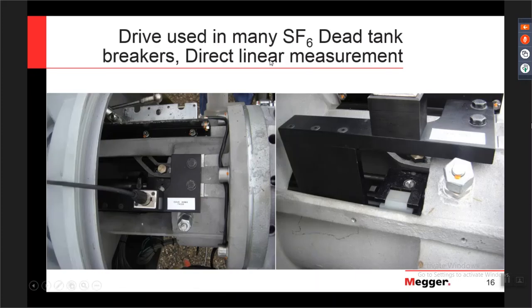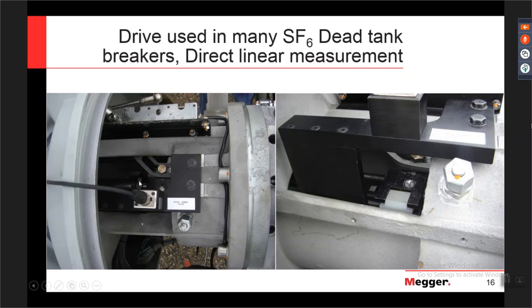Now to a very common drive from ABB, or actually, HMA. And here you actually put the transducer in the driving mechanism.